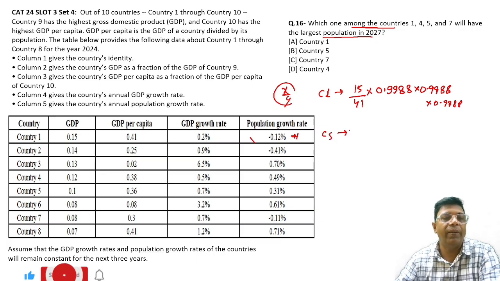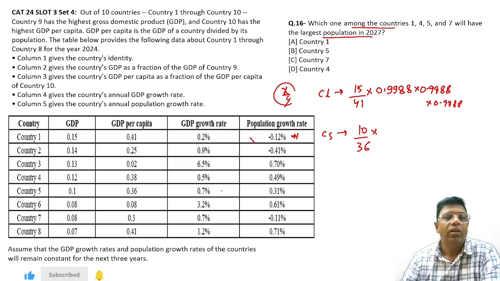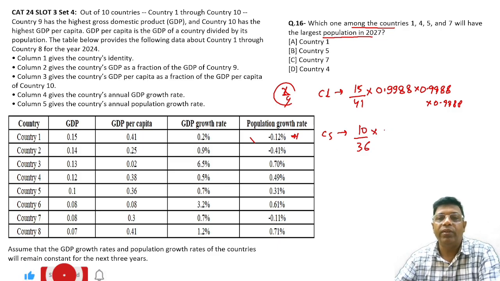Similarly do for country 5. 10 by 36 into 1.003 into 1.003 into 1.003. Similarly, do it for country 7.